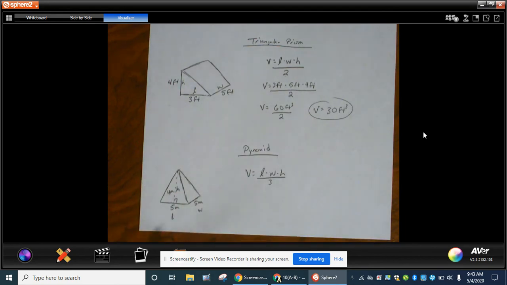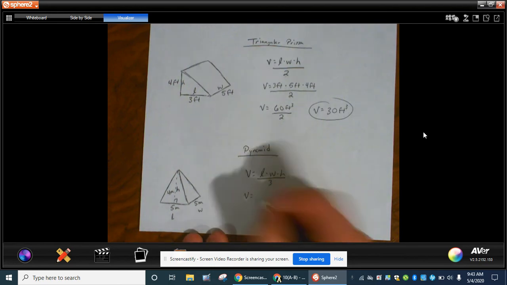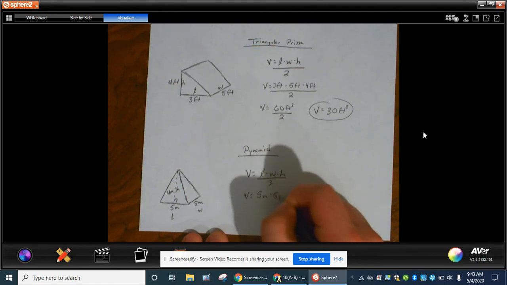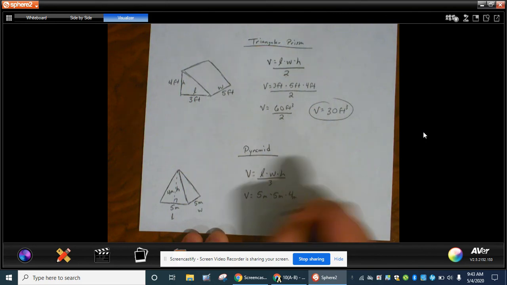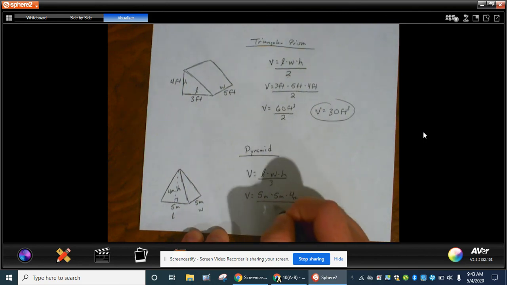Again, we're going to take these numbers and replace them in the letters in the formula. So we're going to take volume. Our length is 5. Our width is 5. So 5 meters times 5 meters times our height, which is 4 meters. And we're going to divide that by 3.